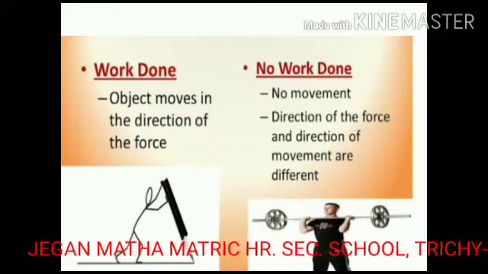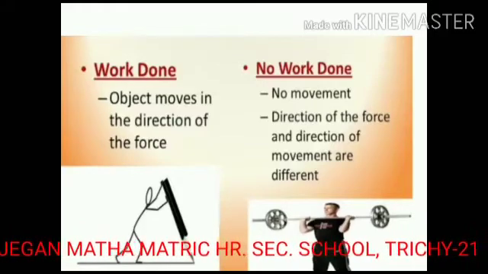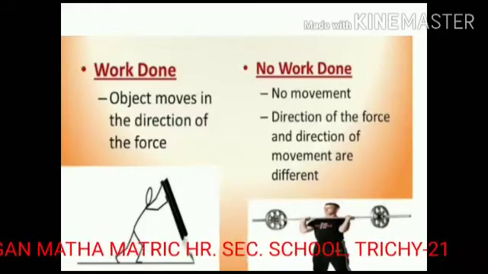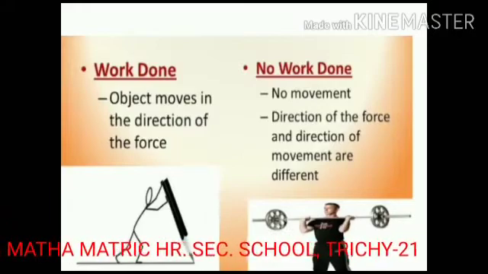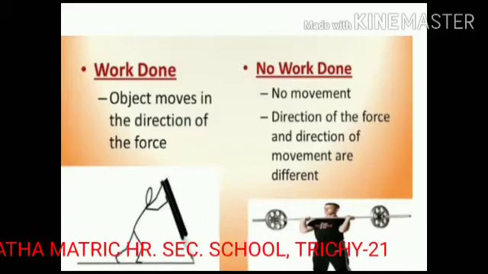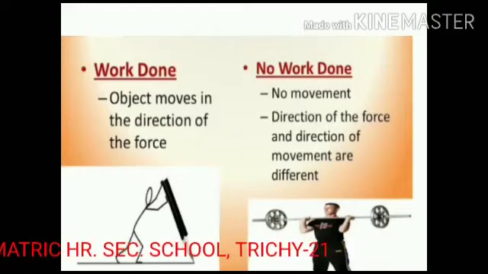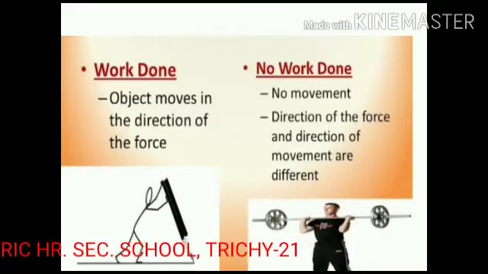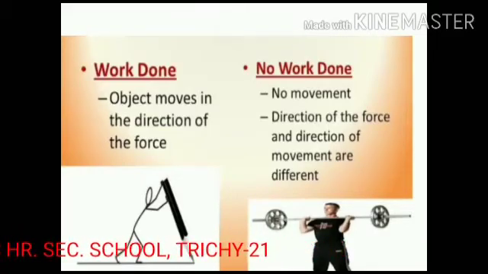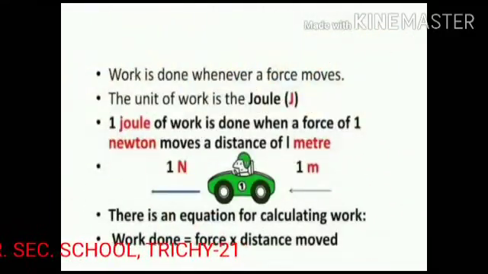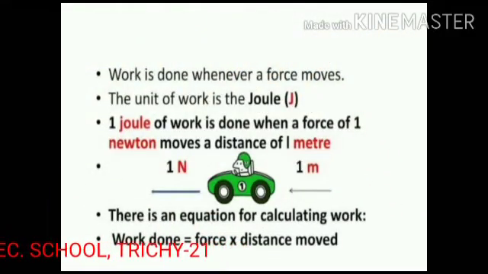For no work done, first, no movement. The second point, the direction of the force and the direction of movement are different. So work is done whenever a force moves an object.